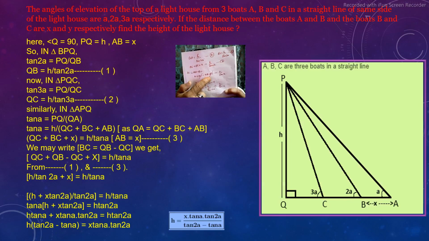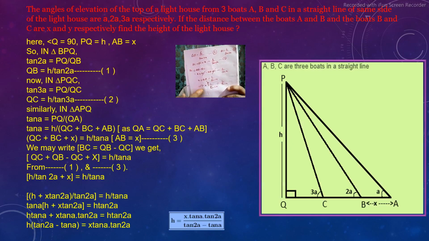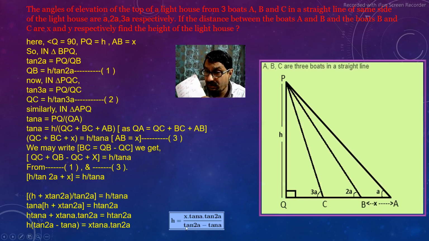Before also, you see this QC and QC got cancelled, and after this equation you can take the LCM and cross multiply, and finally you get this answer. Hope you can do that much, dear students. It's so easy, not that complicated, you can understand.